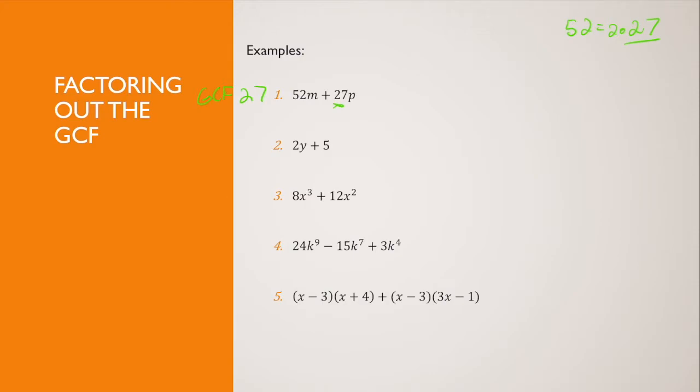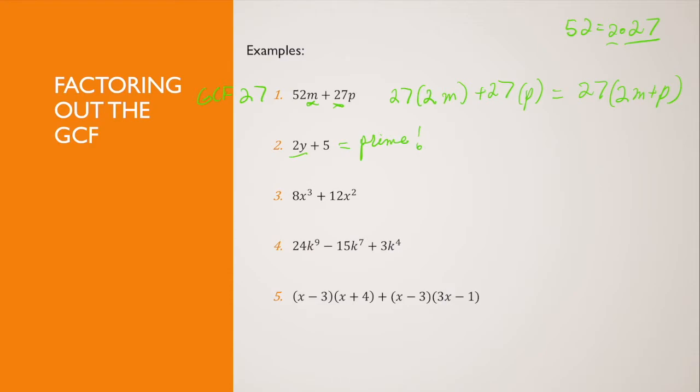So I pull out a factor of 27, so I've got 27 times 2m, plus 27 times p. This would give me 27 times 2m plus p. If I have 2y plus 5, well, that's going to be prime, because 2y and 5 have no factors in common.